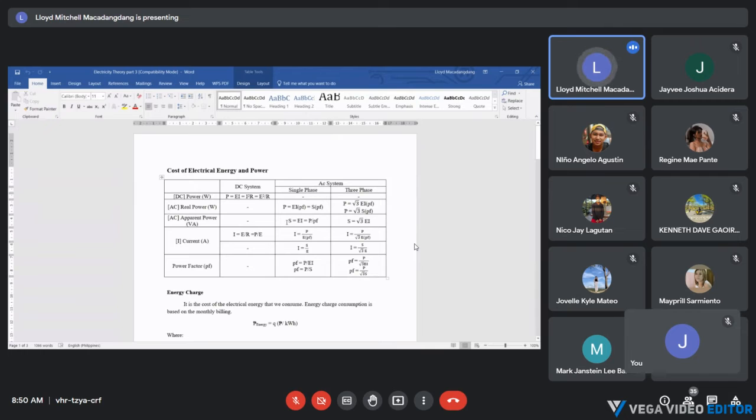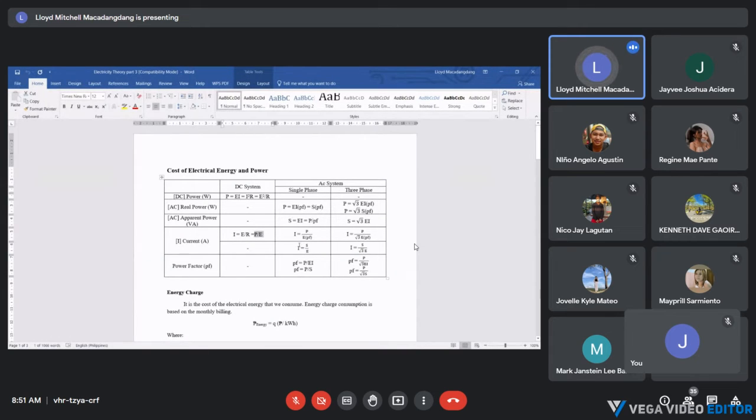So same as apparent power, yung dinescuss natin kanina na formula. So sa three phase lang, mag-a-add lang tayo ng square root of 3. So sa current, for DC system, so Ohm's law, from Ohm's law ito, and ito naman is for yung formula ng power.